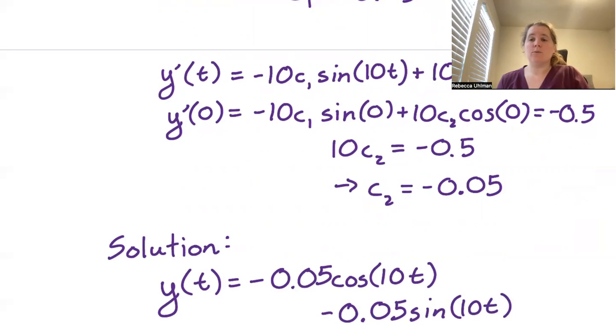As a general rule, undamped free systems have a fairly simple general solution. If it's not as pretty as this one, it may have square roots involved, but it'll just be a C1 cosine of something t plus a C2 sine of something t. So in the next video, we'll go ahead and look at the general case and talk about how we can interpret our solution.